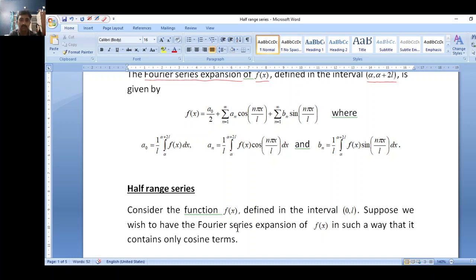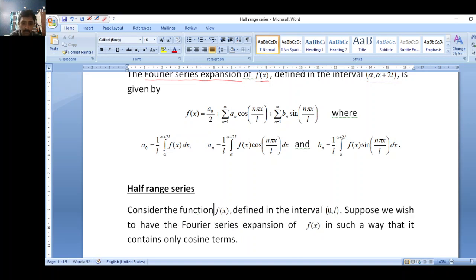So we assume that f of x is going to satisfy the Dirichlet's conditions, and now we are supposed to have the Fourier series expansion of f of x in such a way that it contains only cosine terms. Then what exactly we are going to do is that we extend the given function f of x.